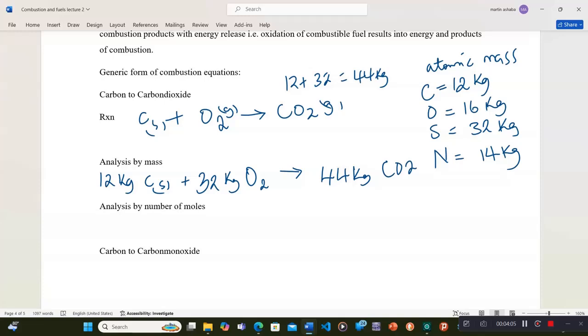What about if we are saying in a number of moles? So by number of moles, we see that here we have 1 mole of carbon plus 1 mole of oxygen, giving you 1 mole of carbon dioxide.